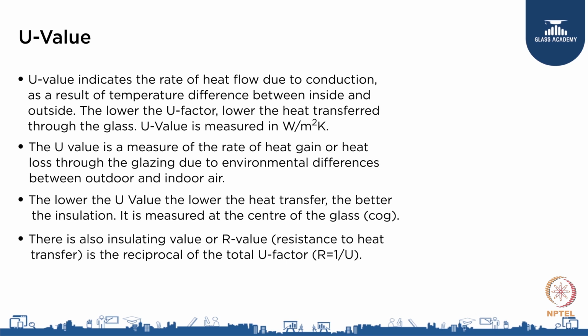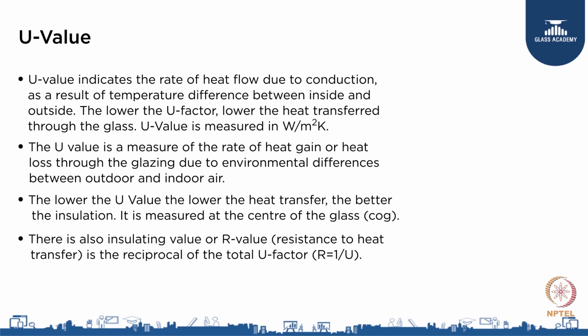Now let us look at U value. So U value indicates the rate of heat flow due to conduction as a result of temperature difference between inside and outside. This is different than SHGC. Here the heat is getting transferred by virtue of conduction because of the difference in the temperature between inside and outside. Normally, in case of summers, outside will be hotter than inside, and therefore heat will be flowing from outside to inside, and the U value will be measured in the units watts per meter square Kelvin.